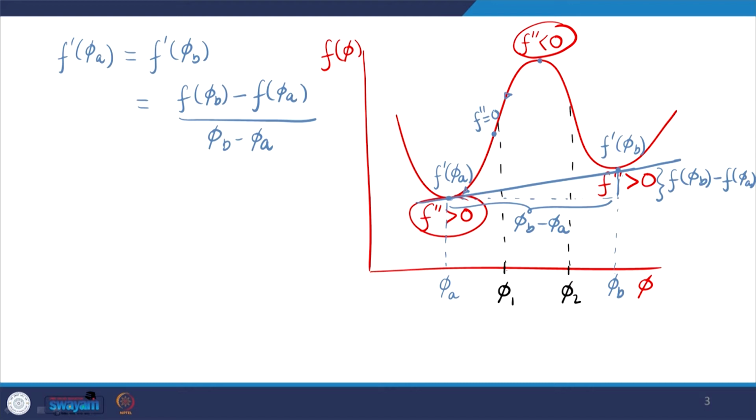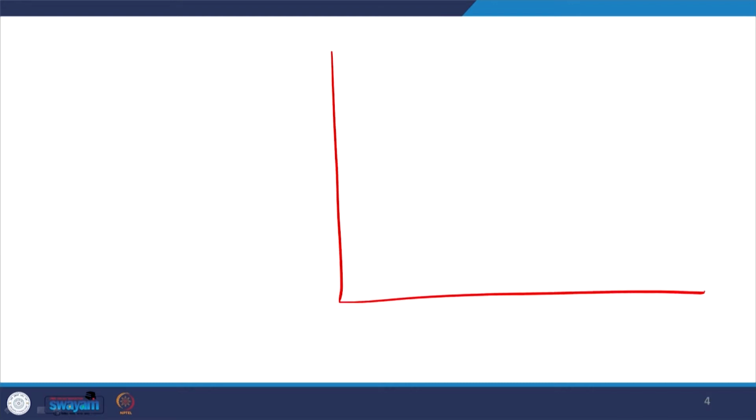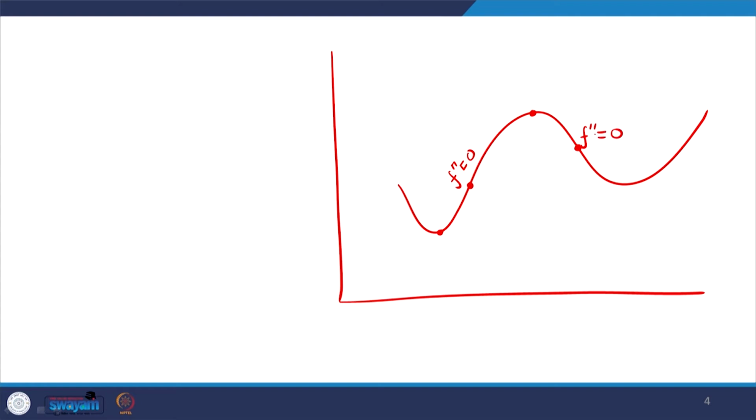Let us look at this particular point in more detail. I am starting from the maxima and going towards the minima, and we are going to have a point on the diagram where f double prime is equal to 0, that is some sort of an inflection point. The same is true on the other side as well. We will have some sort of an inflection point somewhere in between these two points.